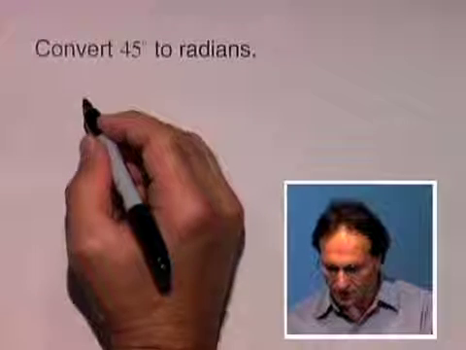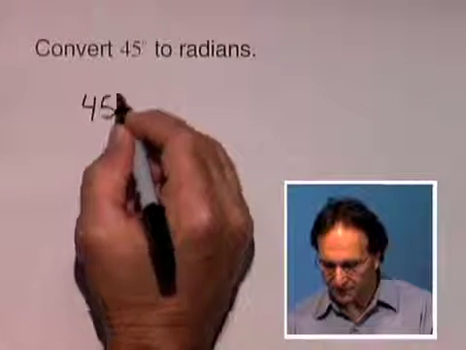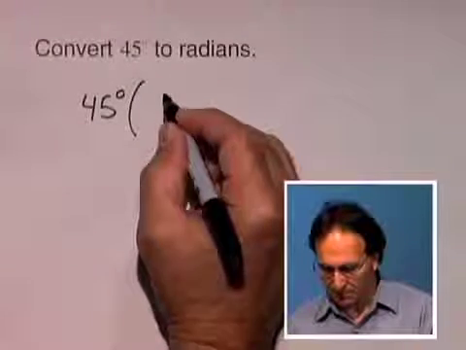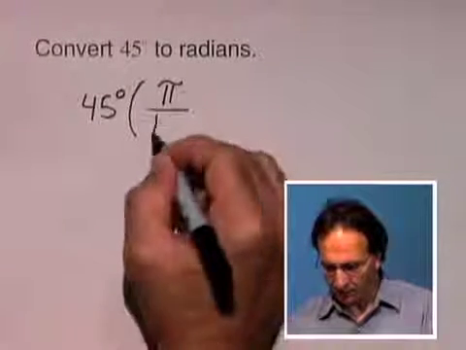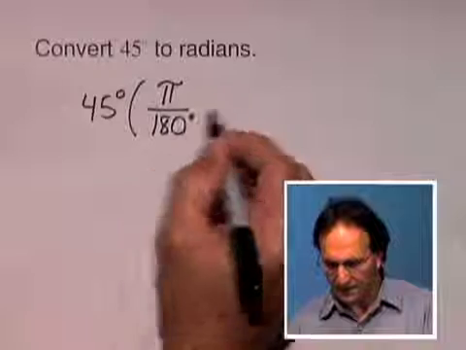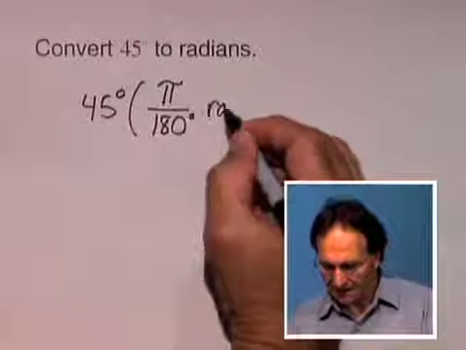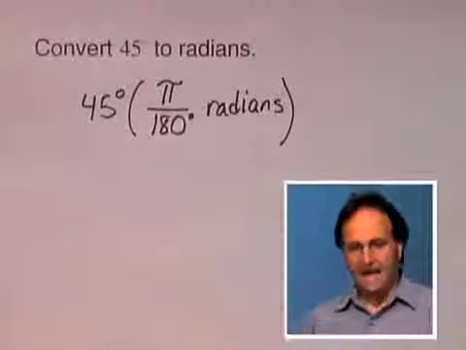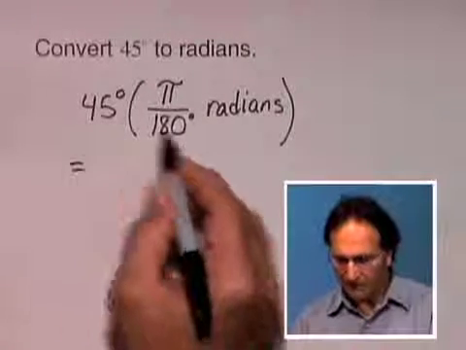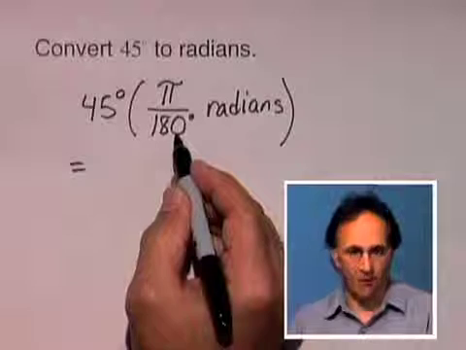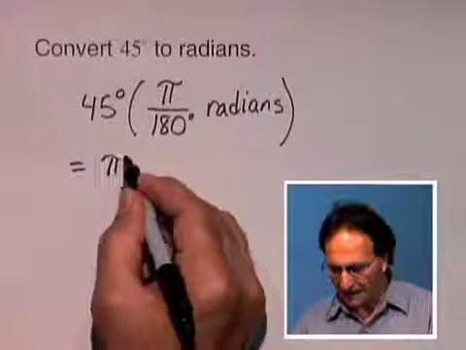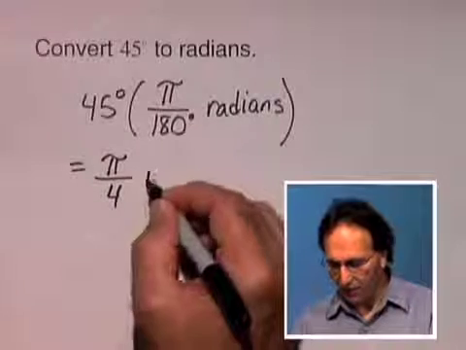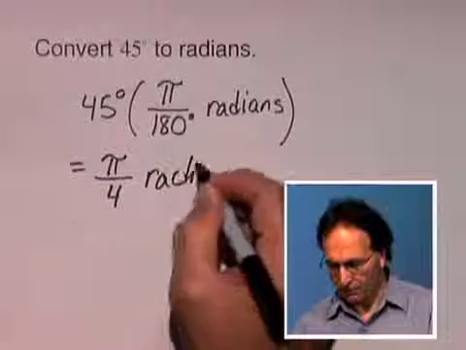So what we do is we take 45 degrees and we multiply that times pi over 180 degrees, and that is radians. And then we simplify. 45 divides into 180 4 times, so we have that 45 degrees is the equivalent of pi over 4 radians.